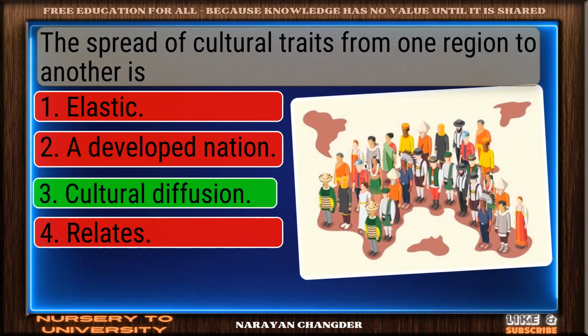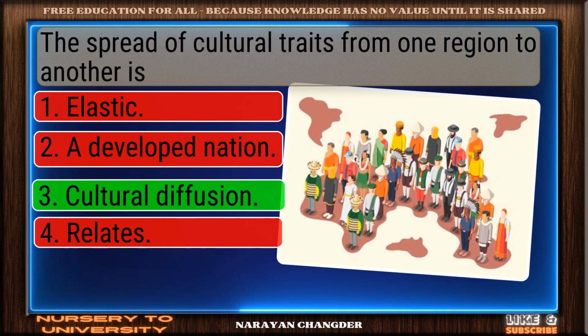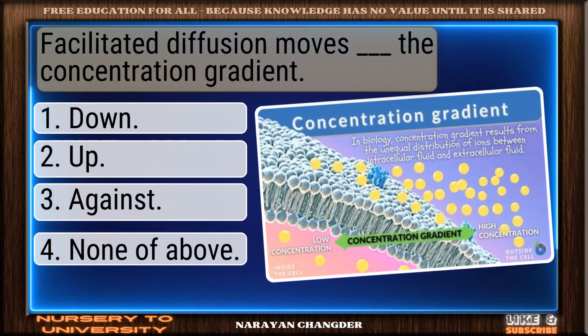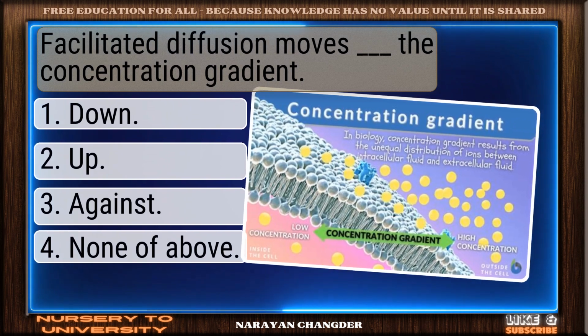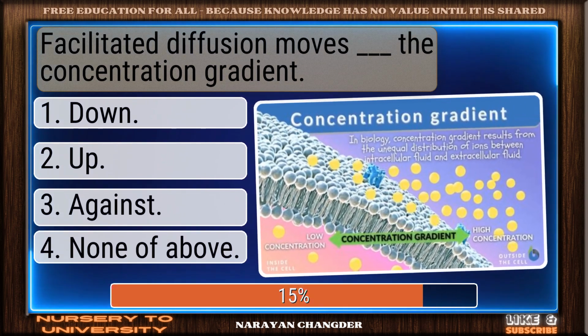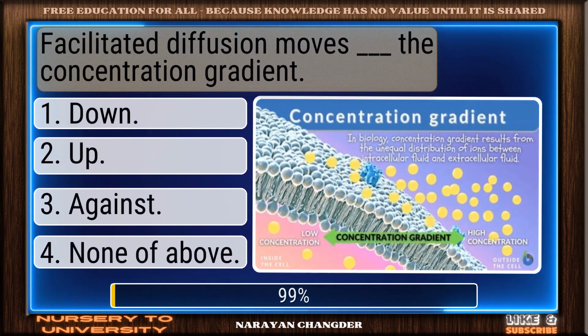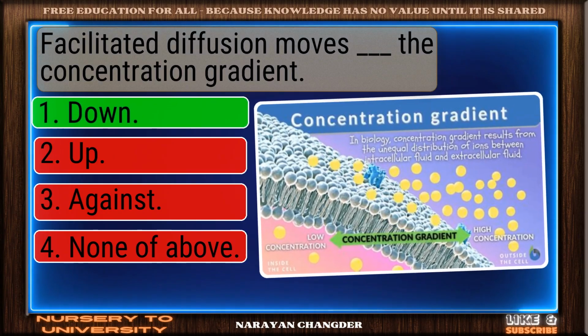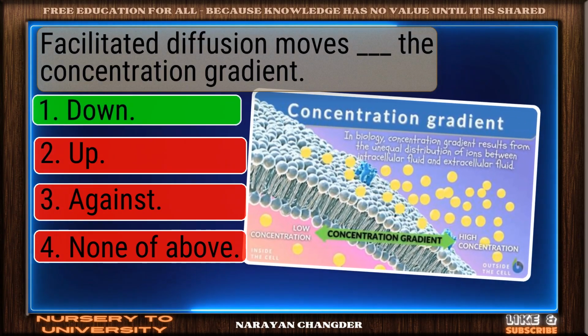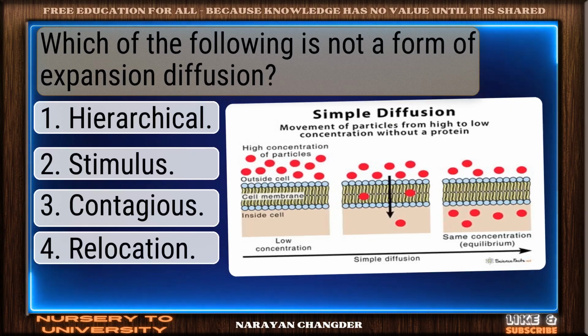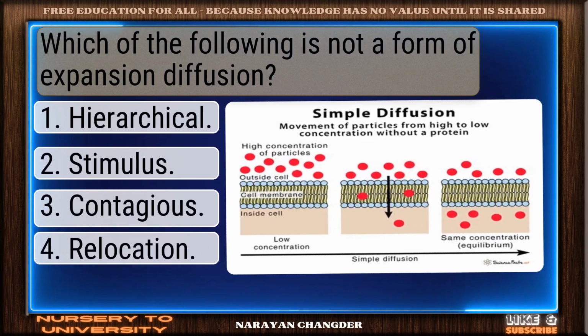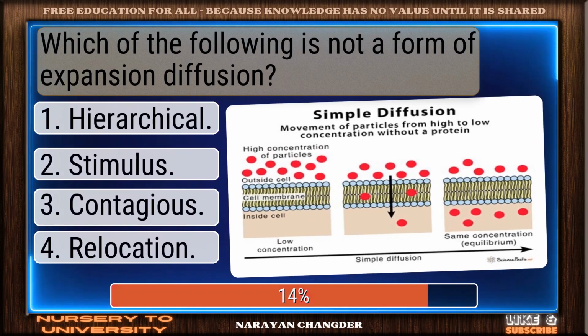Nicely done. Cultural diffusion is a solid answer. Facilitated diffusion moves the concentration gradient. Nice selection. Down is the correct and valid answer. Which of the following is not a form of expansion diffusion?